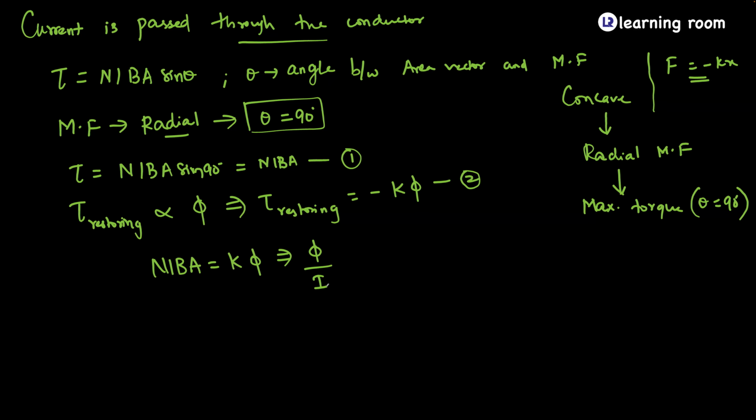So phi divided by I is equal to NBA divided by K. So this phi divided by I is given a name called current sensitivity.